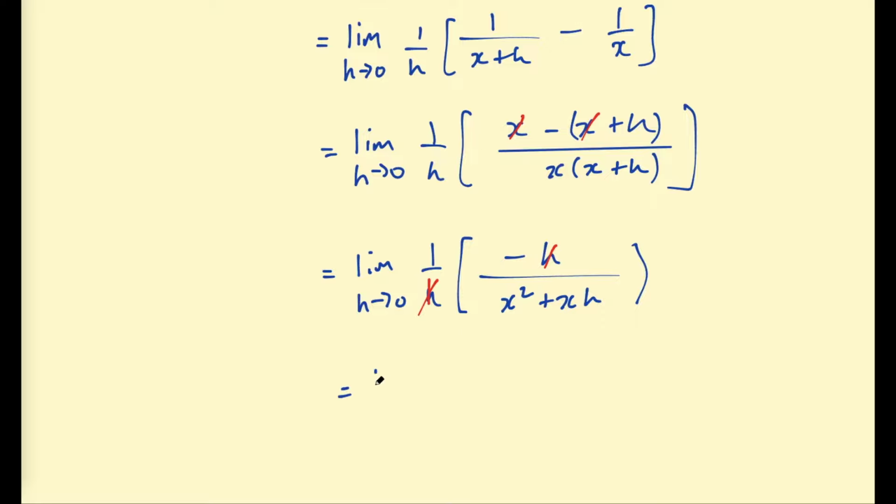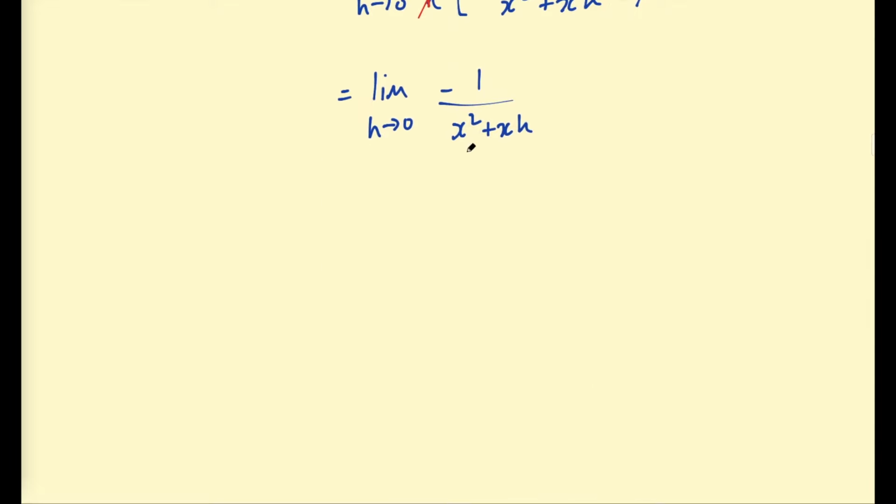And then we're left with the limit as h approaches 0 of negative 1 over x squared plus xh. And so now we evaluate what's happening at the limit as h approaches 0. What's going to happen here? Well, xh is going to approach 0. So then we're left with the derivative equal to negative 1 on x squared.